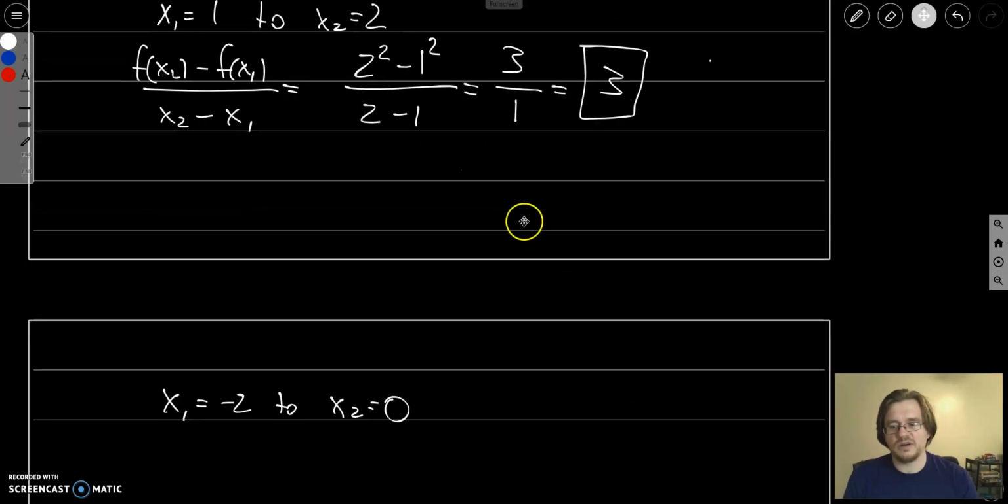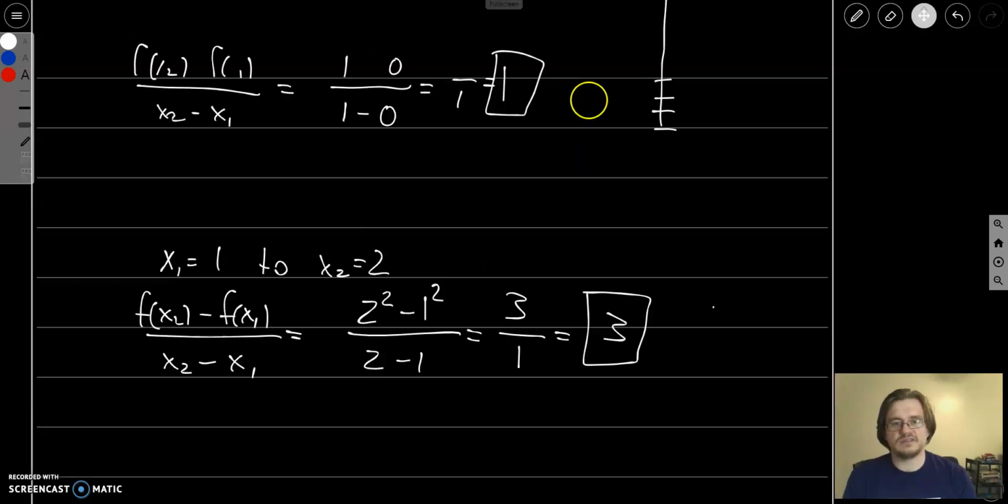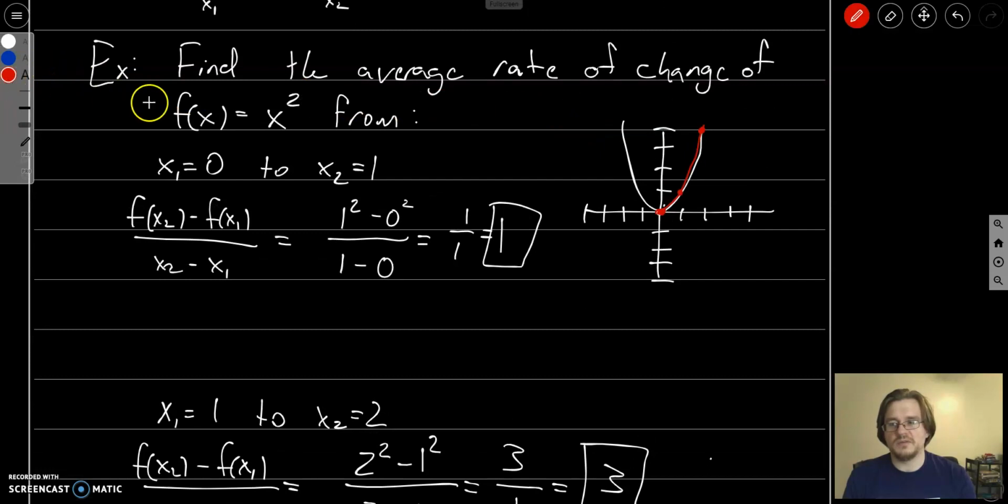And let's look at one more of these. We're going from -2 to 0, so let's come back up and graph this. At -2, -2 squared is going to be 4, and we're going all the way to 0 now. Oops, if I could draw.